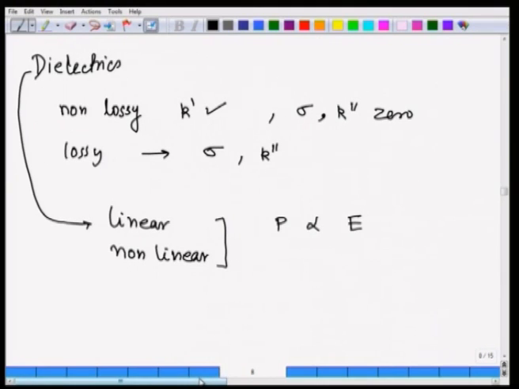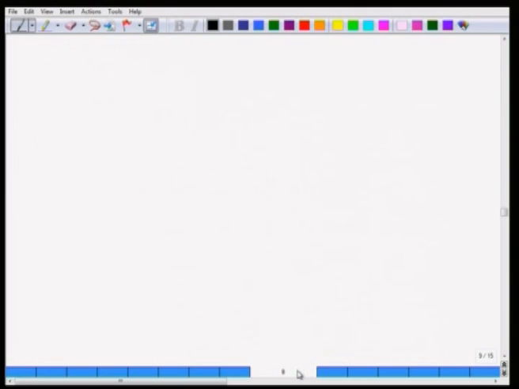If it is constant, then it is a linear dielectric, and if it is not, it depends on E itself, then it is a non-linear dielectric. What I am going to cover today is the linear dielectric, and in the next lecture I will talk about non-linear dielectrics. So, with this, let us start looking at the mechanisms for polarization.